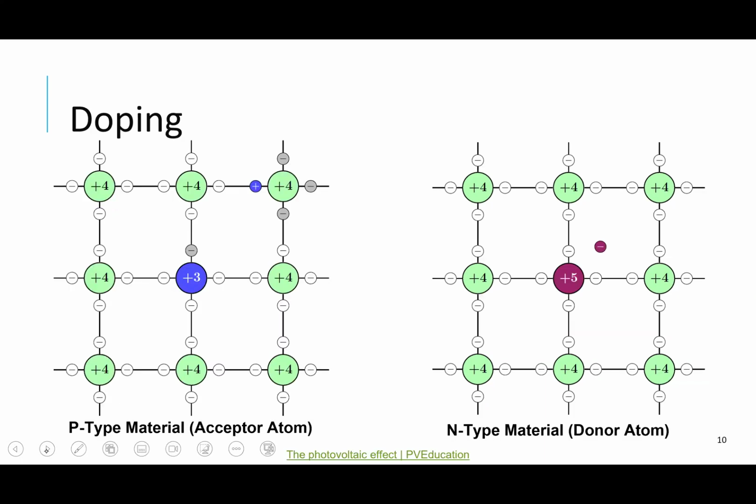Now, what we do in engineering, or when we're producing a photovoltaic cell, is a process called doping. When we're talking about doping, we're specifically introducing atoms into the lattice. So you can see here that we've replaced one silicon atom with, typically, boron. Boron is a group 3 element, so it has 3 electrons.